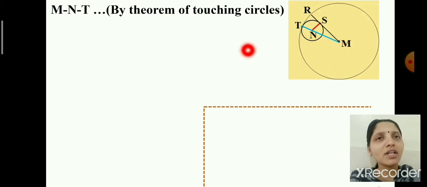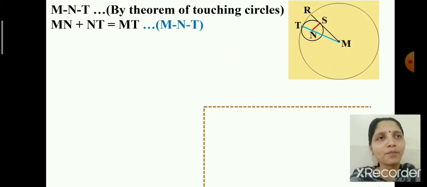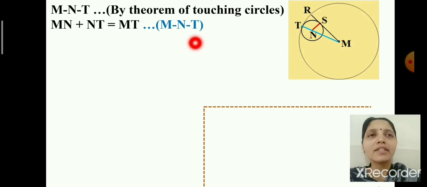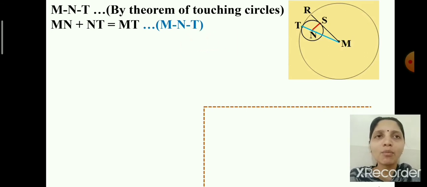So reason is by the theorem of touching circles. Therefore, MN plus NT, that is equal to MT. Reason you will write as points M and T are collinear points.